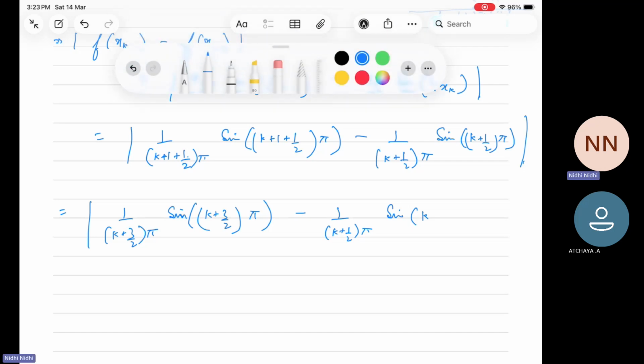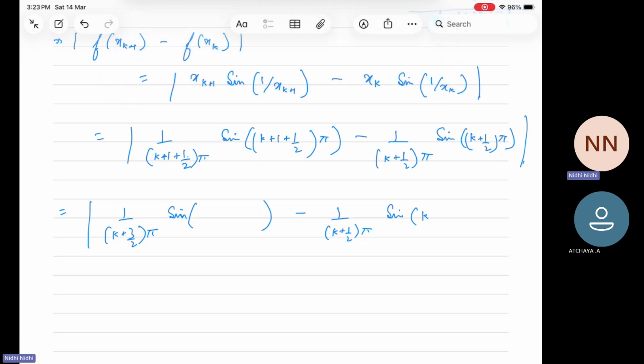So yeah, I can write it as k pi plus 3 pi by 2. So this is k pi plus 3 pi by 2 and this is k pi plus pi by 2.